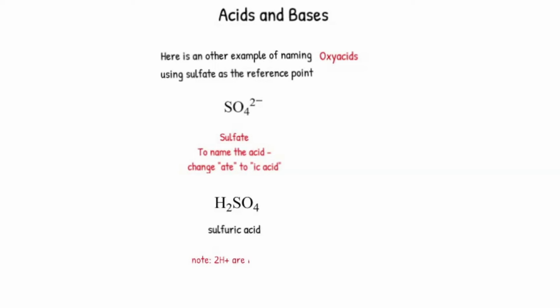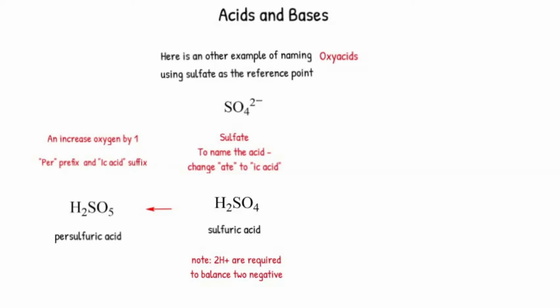Notice that 2 hydrogens are required to balance the 2- charge. Going to the left, this is an increase in number of oxygen by 1. The per prefix is used, and the ic acid suffix is kept. This is H2SO5, and this is called persulfuric acid.